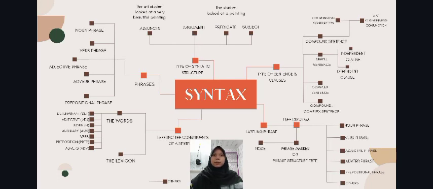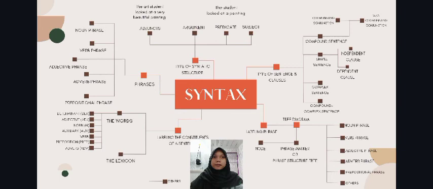Labeling phrases. A phrase can be labeled as a noun phrase, verb phrase, adjective phrase, adverb phrase, prepositional phrase, and others. The phrase constituent structure along with labels of each word can also be represented in a tree diagram.